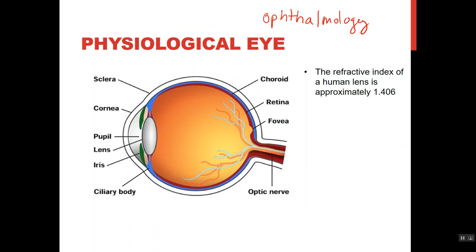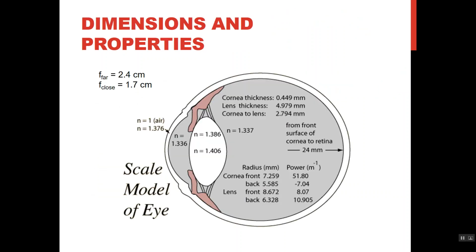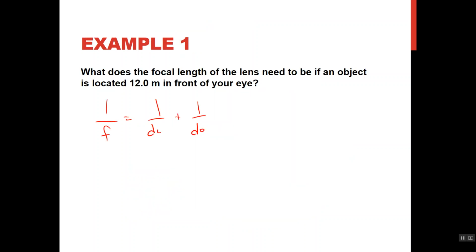So you need to figure out that the distance between the lens and your retina is your distance of the image. Let's say the image distance is 24 millimeters, according to this diagram. That's an invariable. Your eyeball size doesn't generally change. Obviously, in development your eyeball does change a little bit, but once you've reached maturity, it doesn't really change.